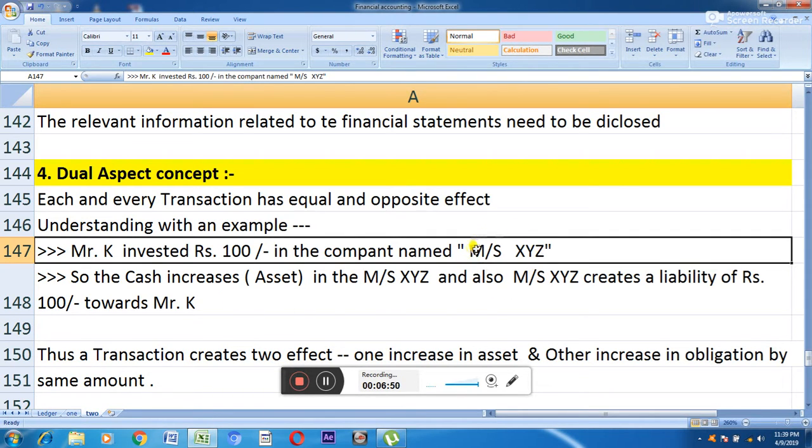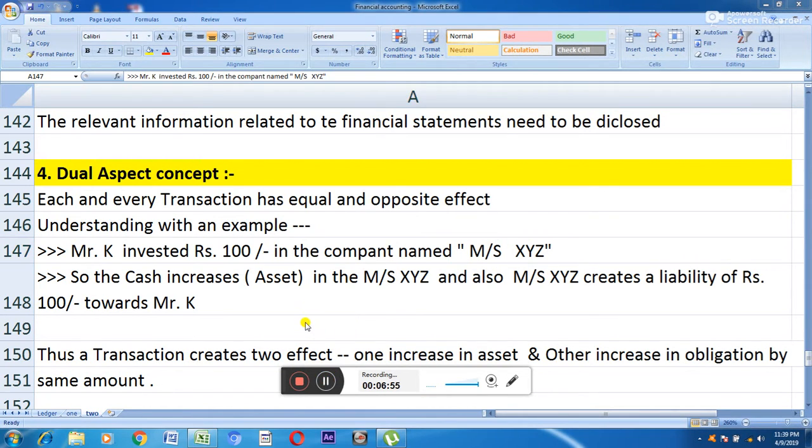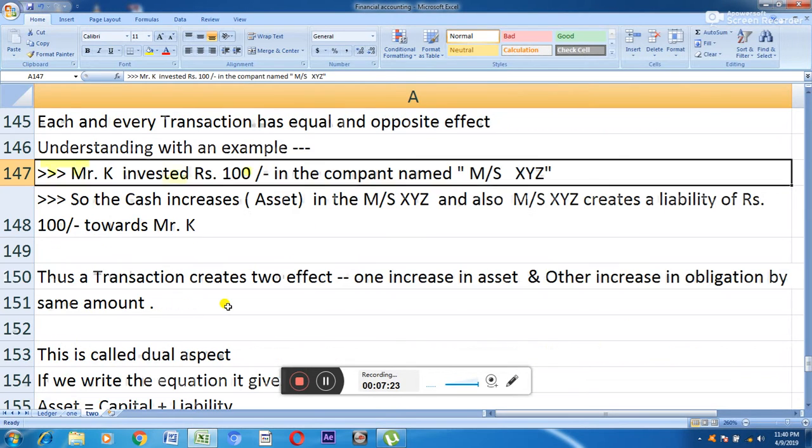As per the business entity concept, owner and the business are two different entities. So when Mr. K invested 100 rupees in the company, the cash, that is asset of the company, increases, and also XYZ company creates a liability of 100 rupees towards Mr. K. So there is a transaction.